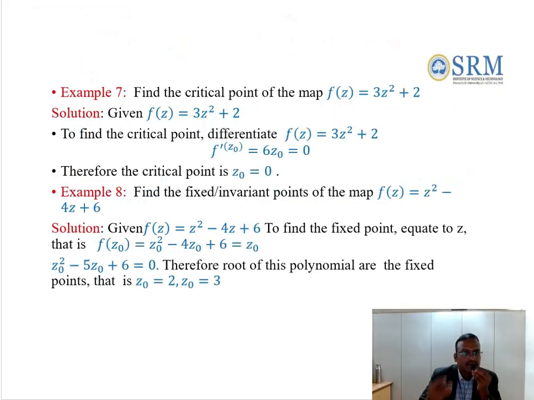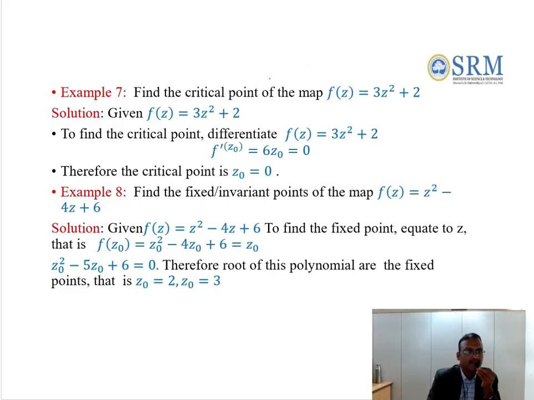Right? So next, let us see some examples related to critical points and fixed points. First example, find the critical points of the map f of z equal to 3z square plus 2. What we want is the critical points. Therefore, we have to differentiate this function f of z with respect to z and then equate to 0.